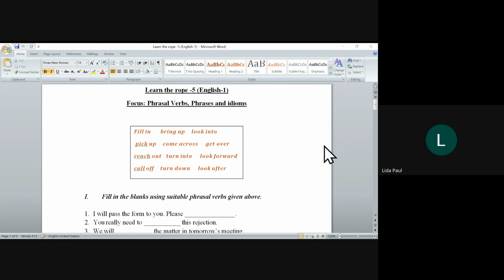Now, this kind of meaning making is called idiomatic, or in some texts you will also see the word figurative, but I would prefer the word idiomatic. So phrasal verbs have idiomatic meanings. Idiomatic basically means non-literal. And what do we mean by non-literal?